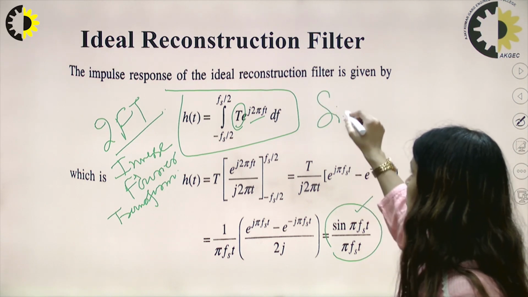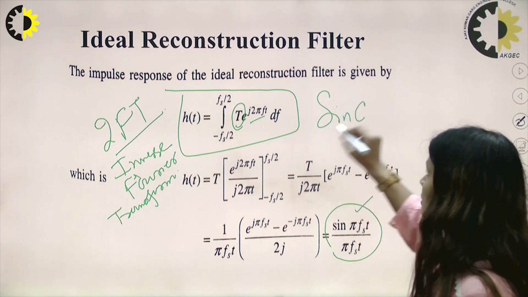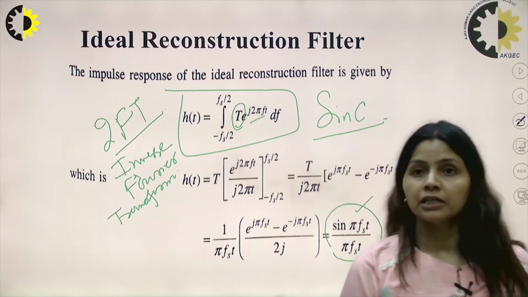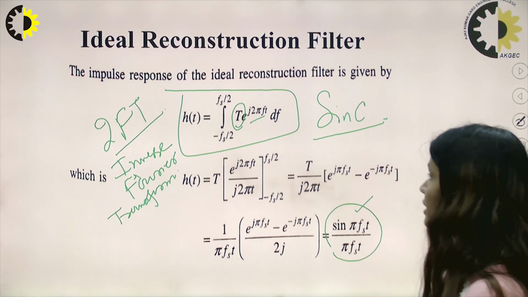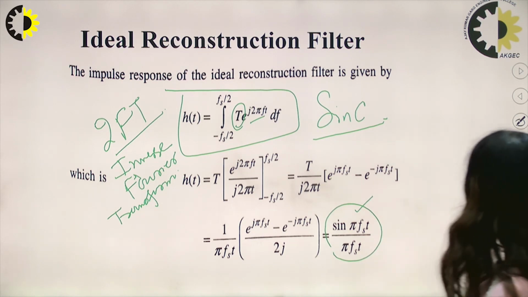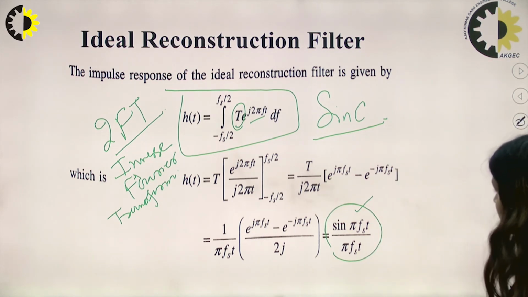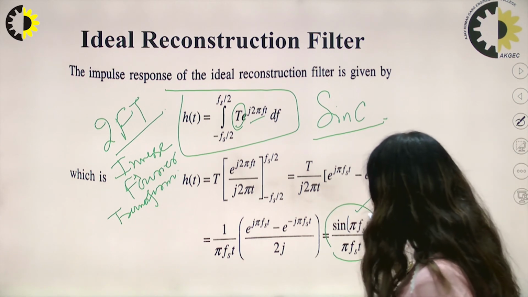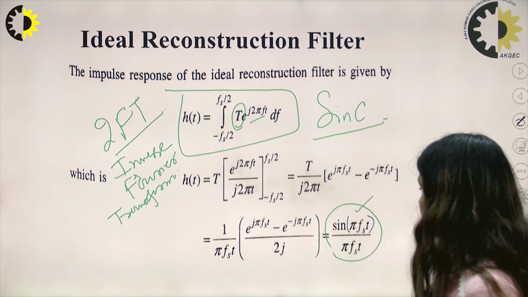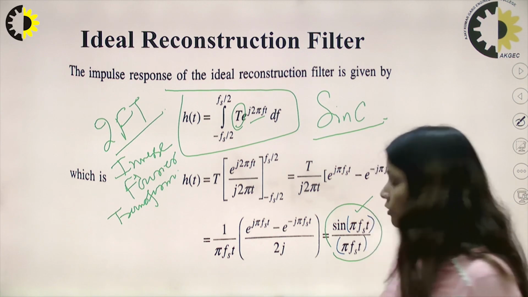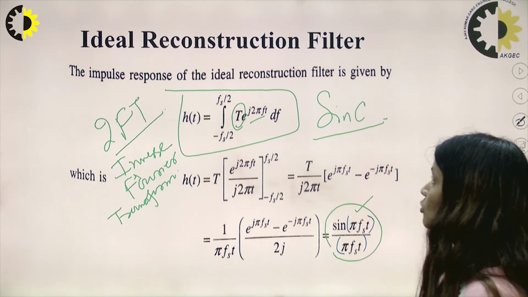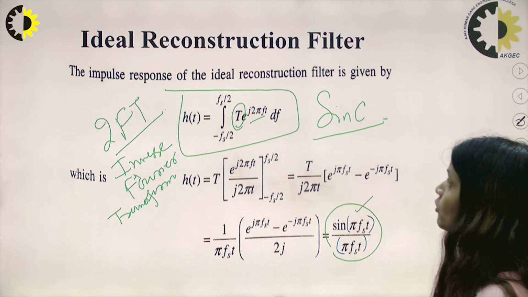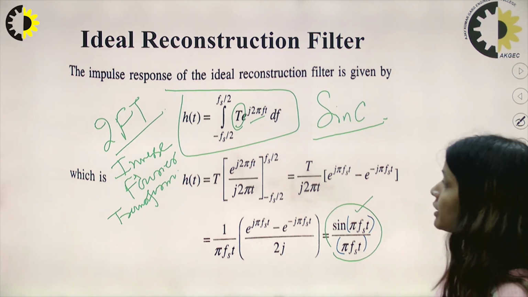So the ideal response of the reconstruction filter is the sinc function. One thing you must note here is that whatever is in the sine argument should appear in the denominator also. This is the impulse response of the ideal reconstruction filter.